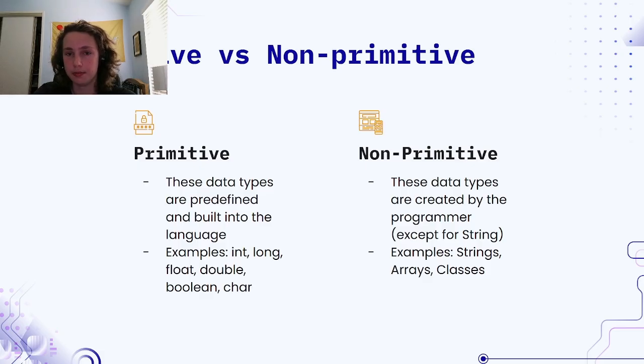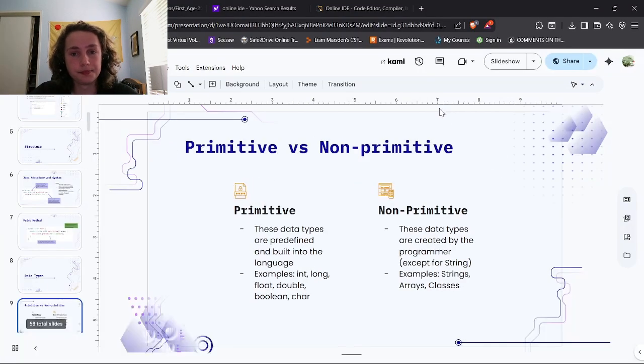Strings can store basically an infinite amount of characters. And arrays are similar. Classes are basically everything that you'll be making, objects in Java. And these work differently, though. They are stored in a different way, which you don't necessarily have to know specifically how, just know that they're stored differently, and they store more data.